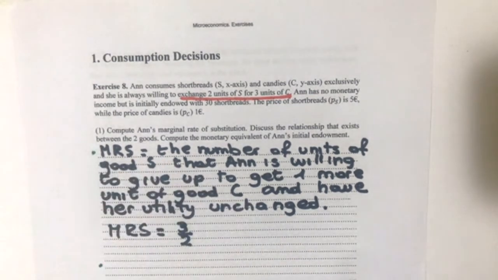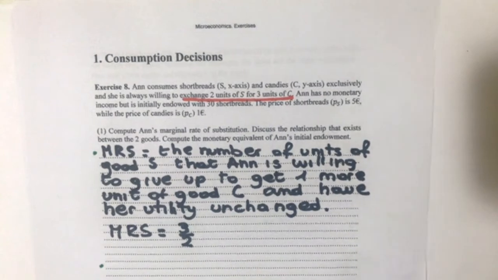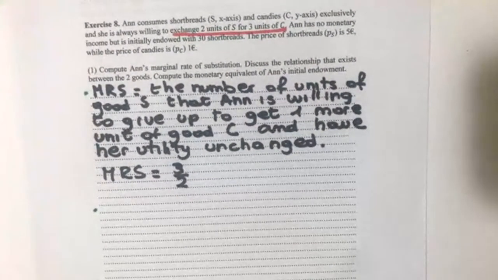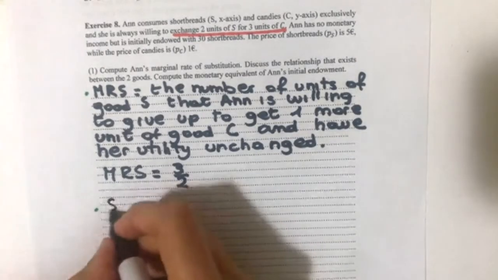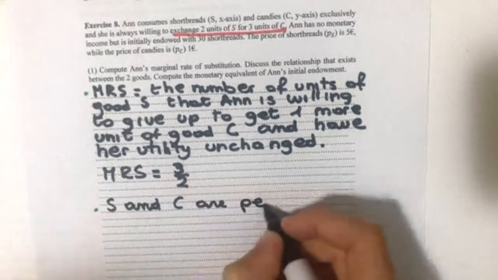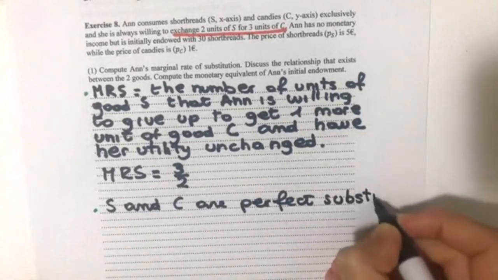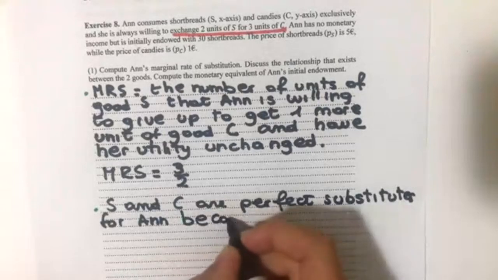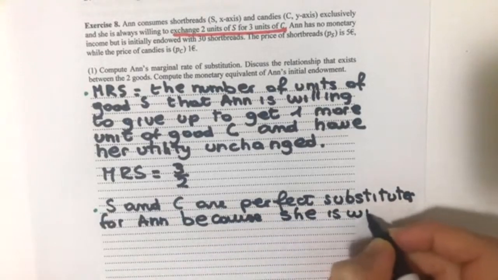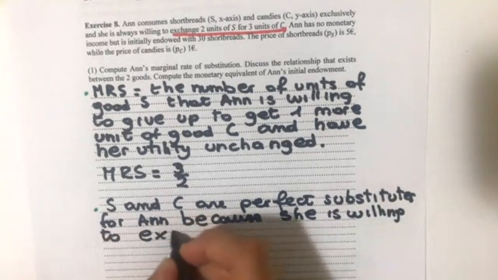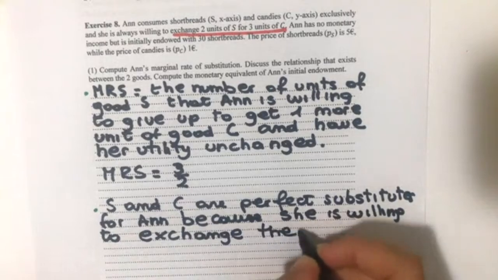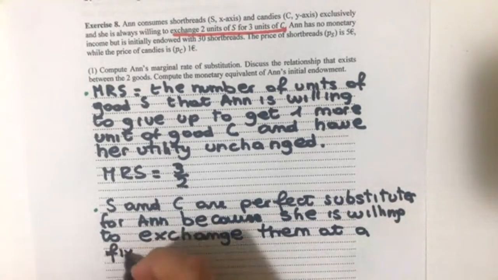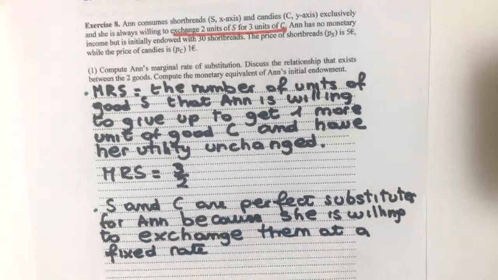So it is easy to understand that since she's willing to exchange 2 units of S for 3 units of C, then these goods are perfect substitutes for N. Okay, so S and C are perfect substitutes for N because she's willing to exchange them at a fixed rate.